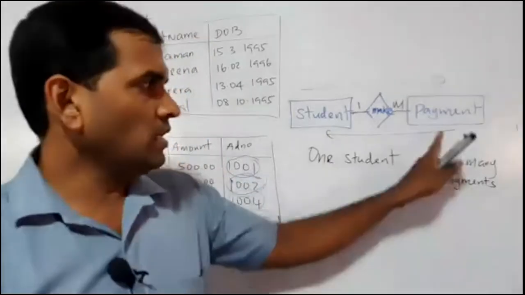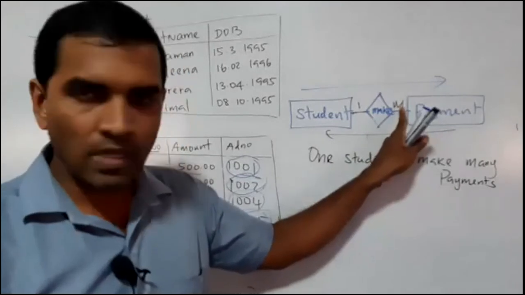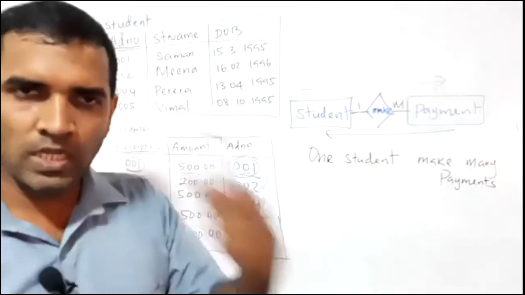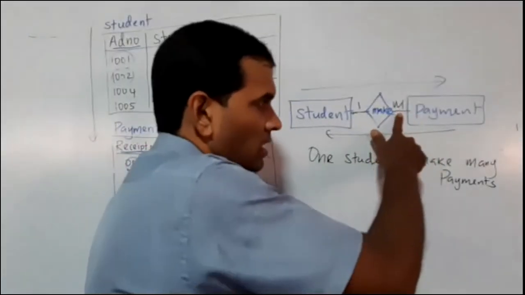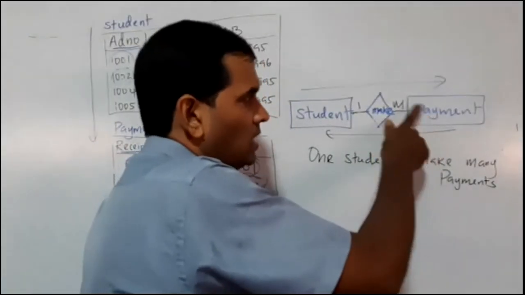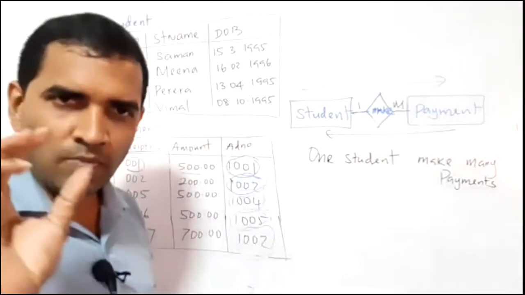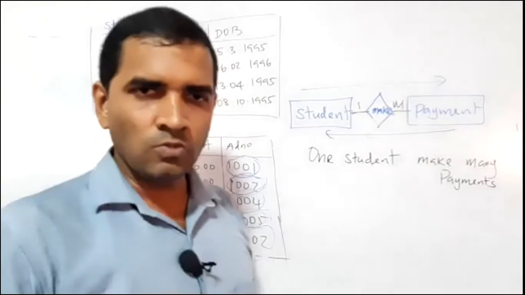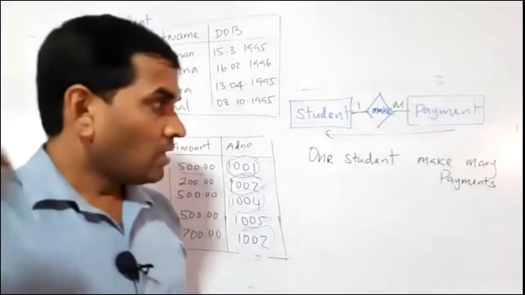I know that you have such confusions. Since M is there, you thought that many payments are made by one student. That may be okay for you, but the real meaning is not like that.